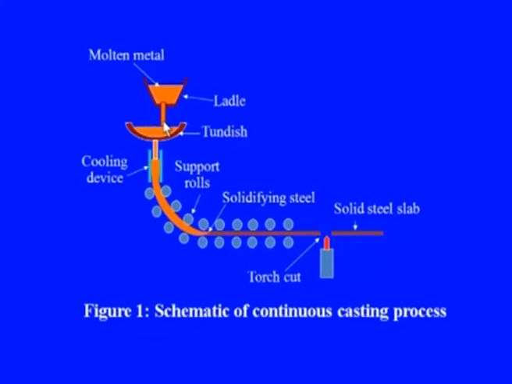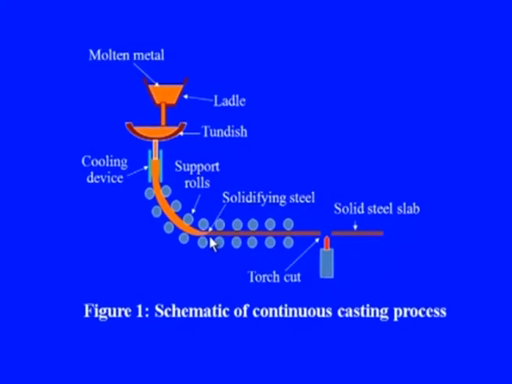The molten metal is then carried through this, where a series of rollers support the molten metal coming out, which will be simultaneously getting solidified upon some special cooling arrangement.